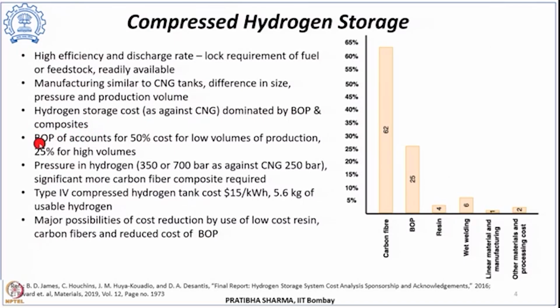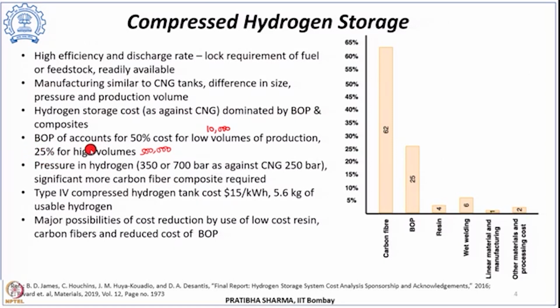Considering small volumes of production, that is 10,000 units of production per year, or high volumes like 500,000 units of production per year: the balance of plant accounts for 50% of cost at low volumes of production, like 10,000 units, while at higher volumes, say 5 lakh units of production per year, 25% of the cost goes for balance of plant.